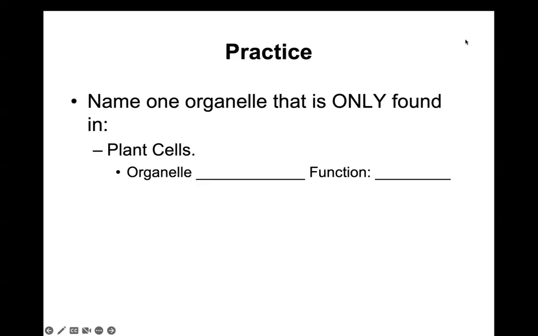So chloroplast is one. Actually, you know what? Maybe it is the only one. No, I'll accept a second answer. Let's see what you guys can come up with. What is an organelle that only plant cells have?